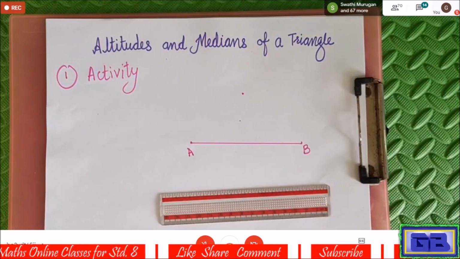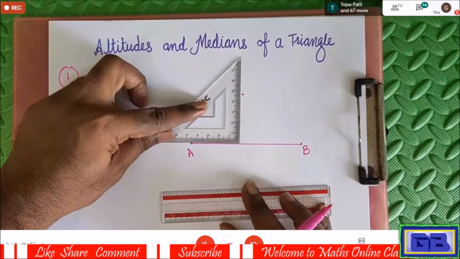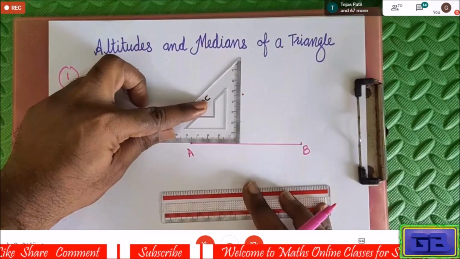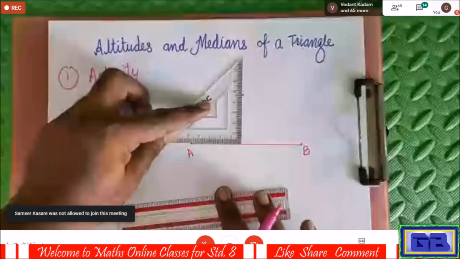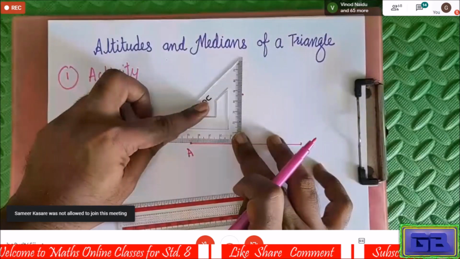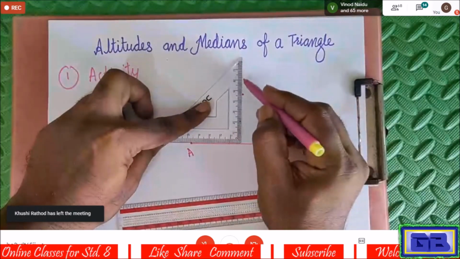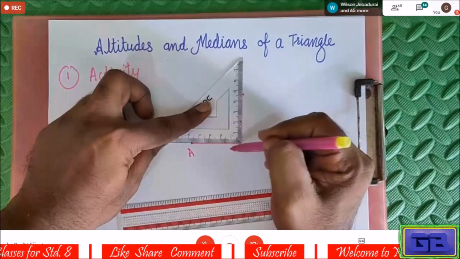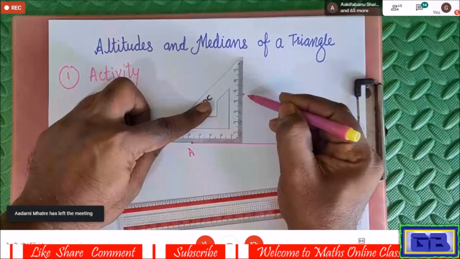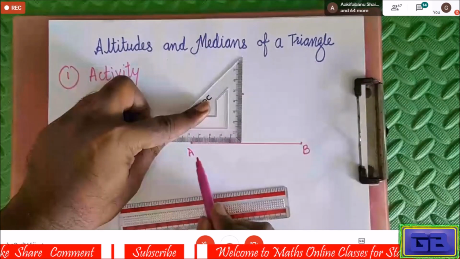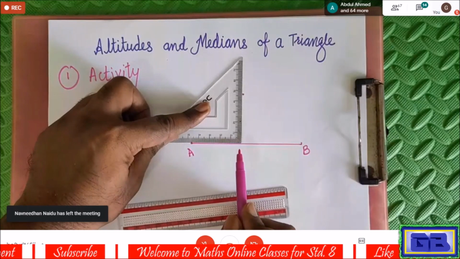We will take a set square. During construction of parallel lines, we have done this process. So you have to match this vertical side of your set square to the point, and the base you have to settle on segment AB.